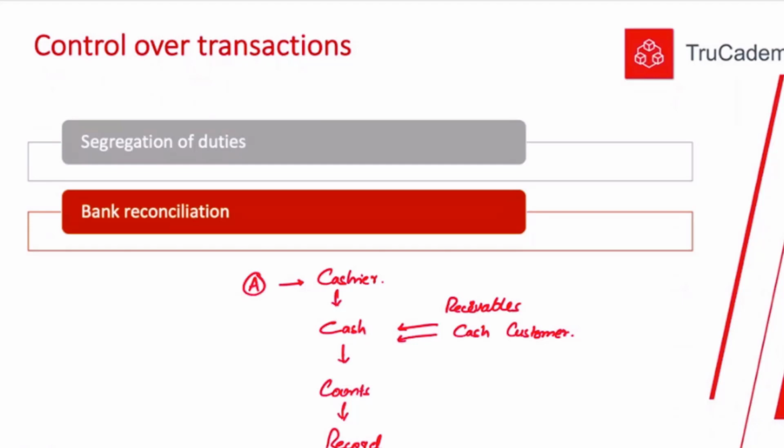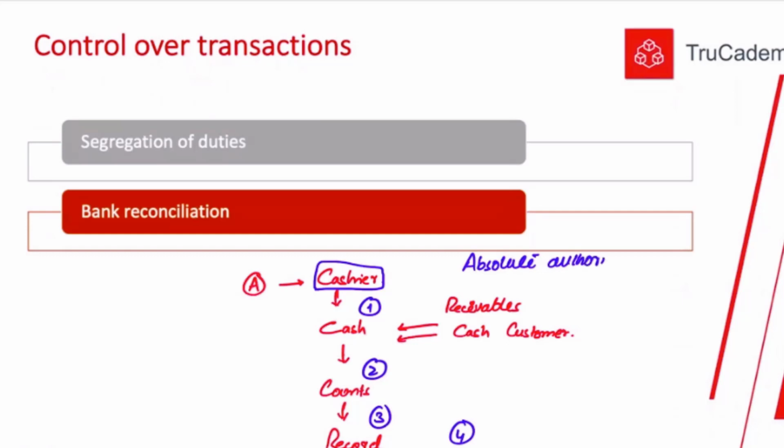Now in this transaction, there's a cashier. And how many steps are involved here? Collection of cash, counting of cash, recording of cash, and banking the cash. So basically he is completing the cash transaction in 4 steps. Now what is the problem in this? The problem is that the cashier has absolute authority.